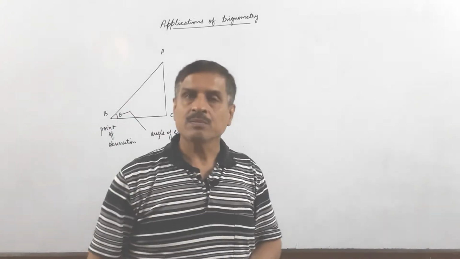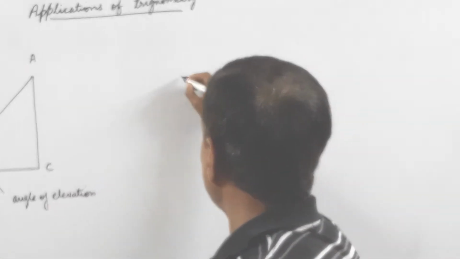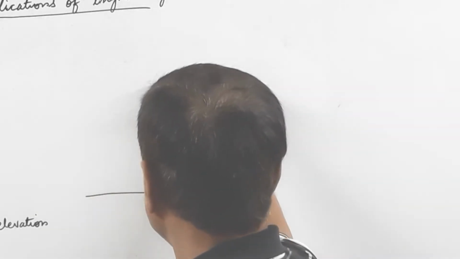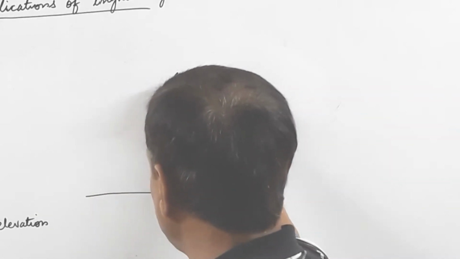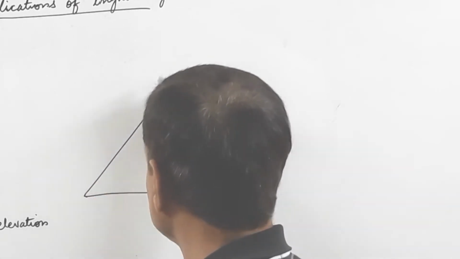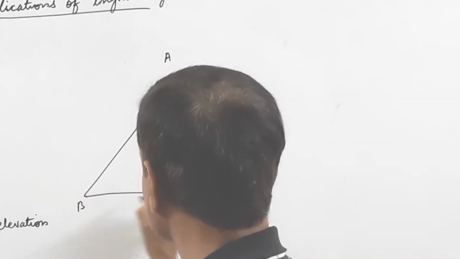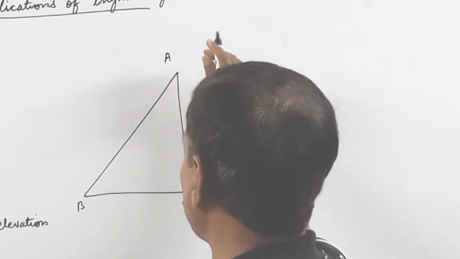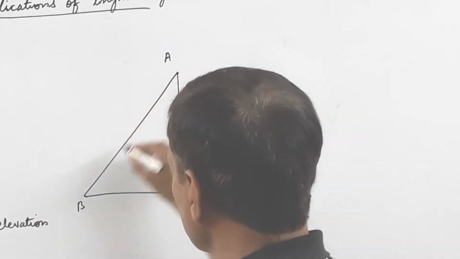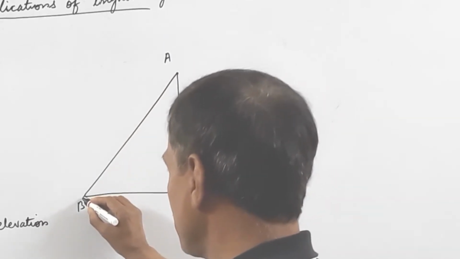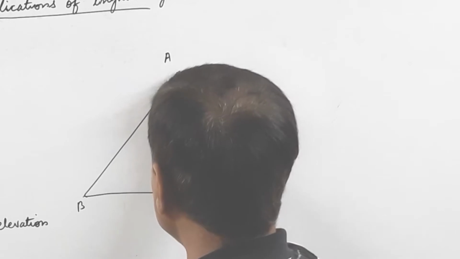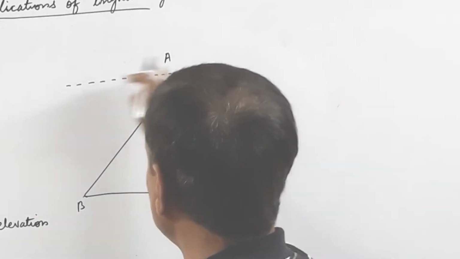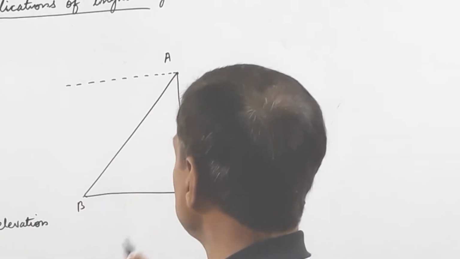In the second case, suppose we are observing from the top of something towards a point on the ground. We are standing at the top of something, a building, tower, etc., and looking downwards to point B. Then first we draw a line parallel to the base or the ground.